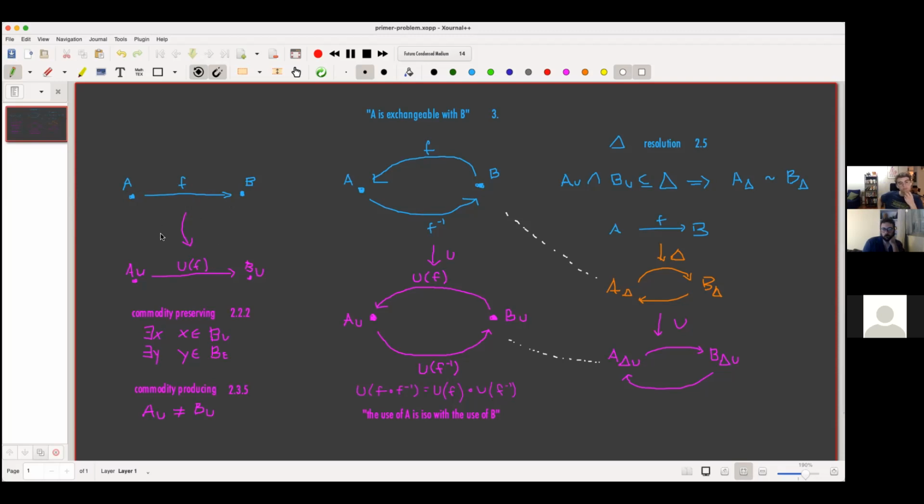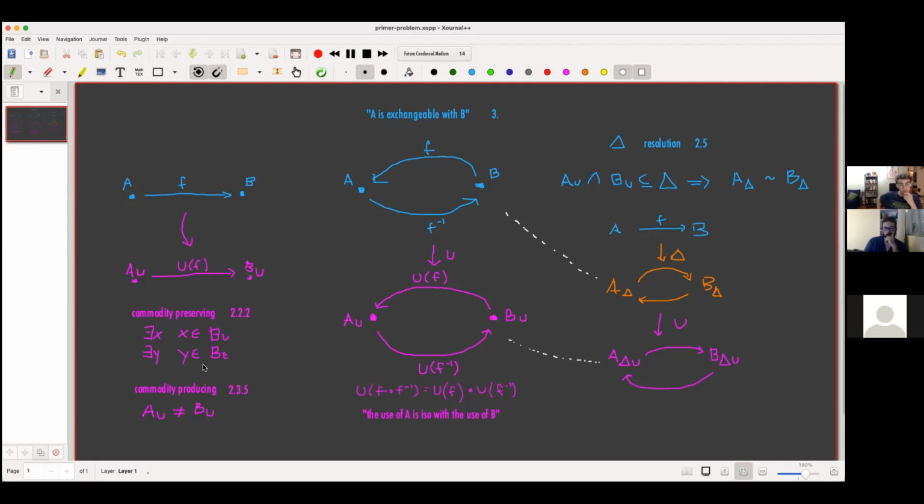The second category is the category of use sets or use values, and that's fine because the reason we need this is it allows us to distinguish between simply commodity preserving arrows and commodity producing arrows.